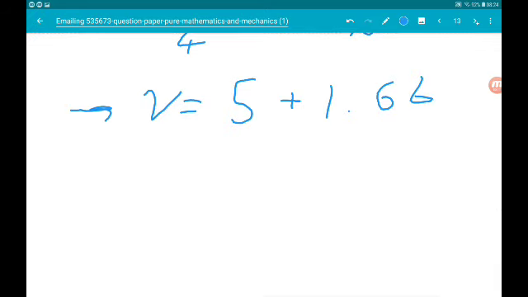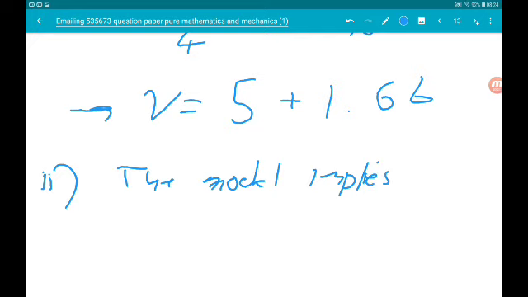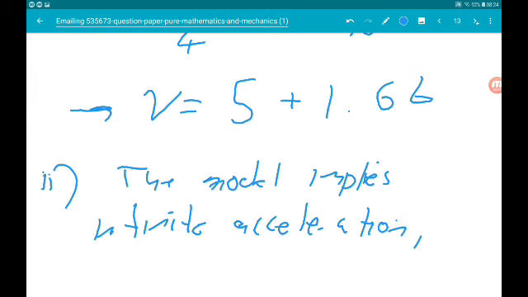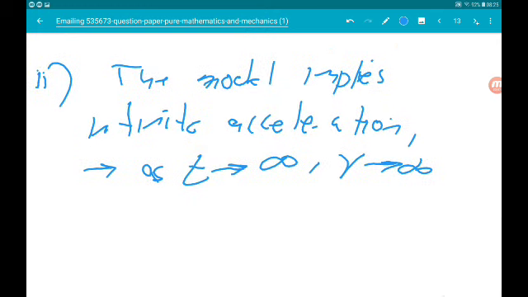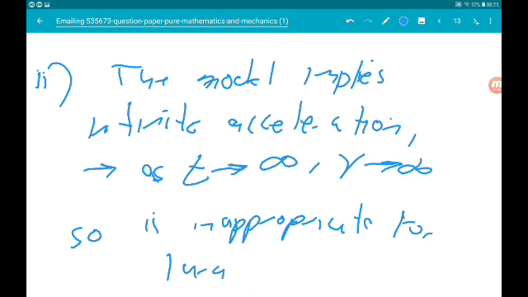Okay, so the model implies infinite acceleration, which means as t tends to infinity, v tends to infinity, which makes no sense. So it is inappropriate for large t.